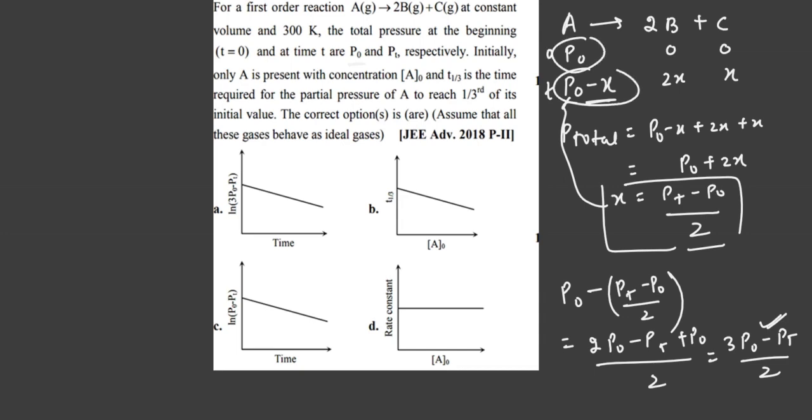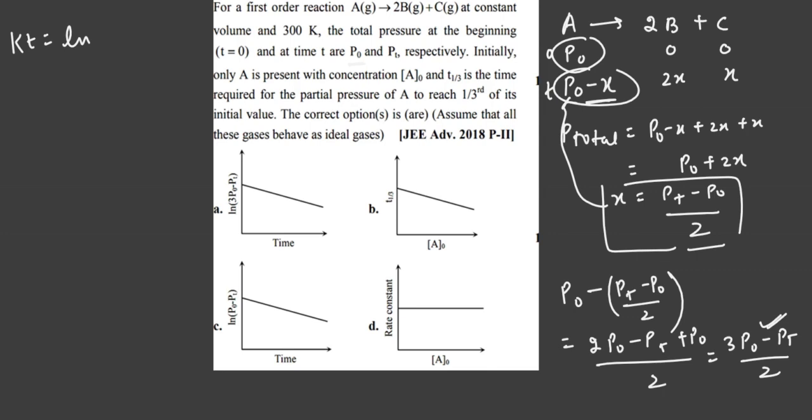Okay, now I will write the formula of the first order rate equation. We all know the formula that it is KT is equal to natural log of initial pressure upon final pressure.